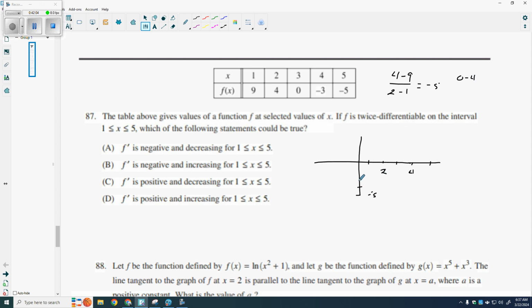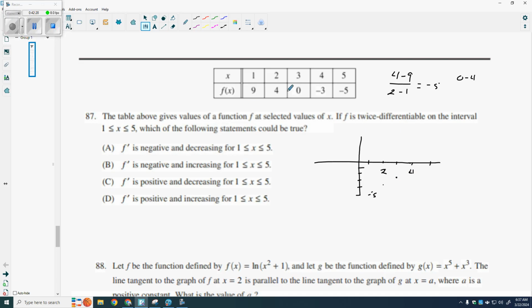So negative 5, 4, 3, 2, 1. So negative 4. At 3, my derivative goes to negative 3 minus 0, so it's negative 3 at 3. And negative 5 minus 3, it's negative 2. So my derivative is negative, right?